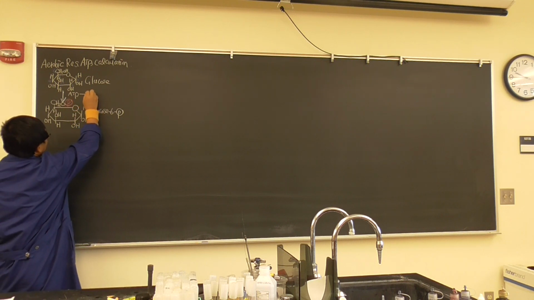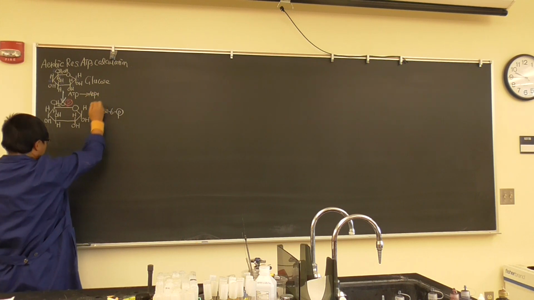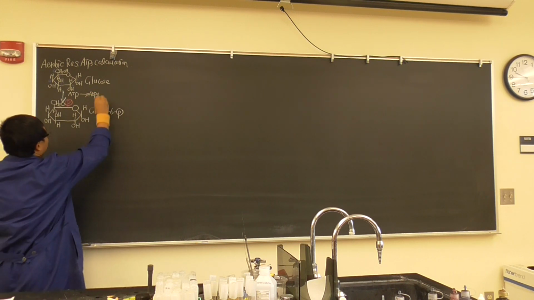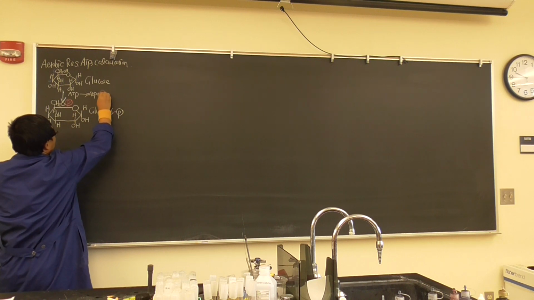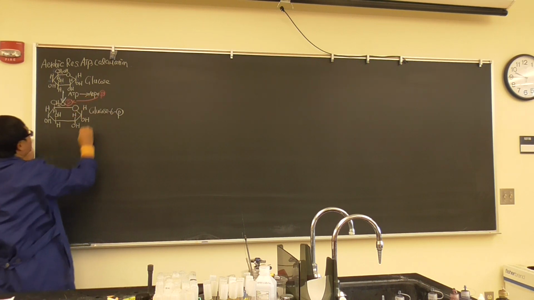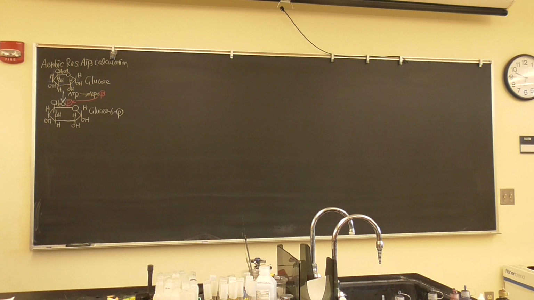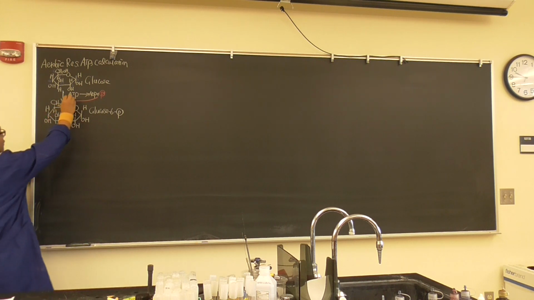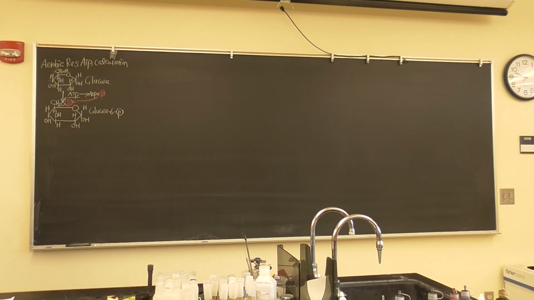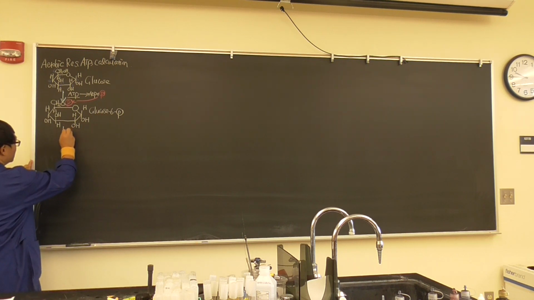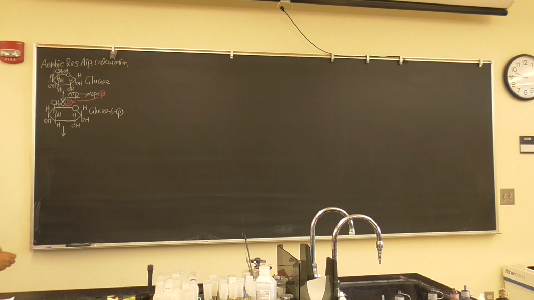So ATP is hydrolyzed to become ADP and releases the phosphate, and that phosphate is used. So here, it actually uses one molecule of ATP. Okay, glucose 6-phosphate. We're going to go down to the next one.